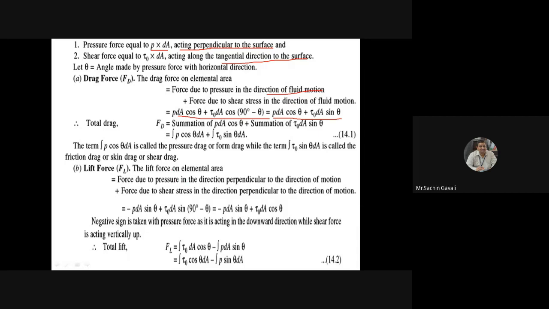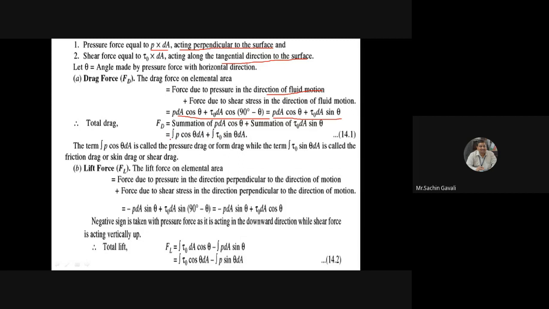But we want the total drag. So total drag will be the summation of the drag force acting on the elemental area. Individually we can go for summation: summation of PDA cos theta plus summation of tau dA sin theta. So integration of P cos theta dA plus integration of tau naught sin theta dA.